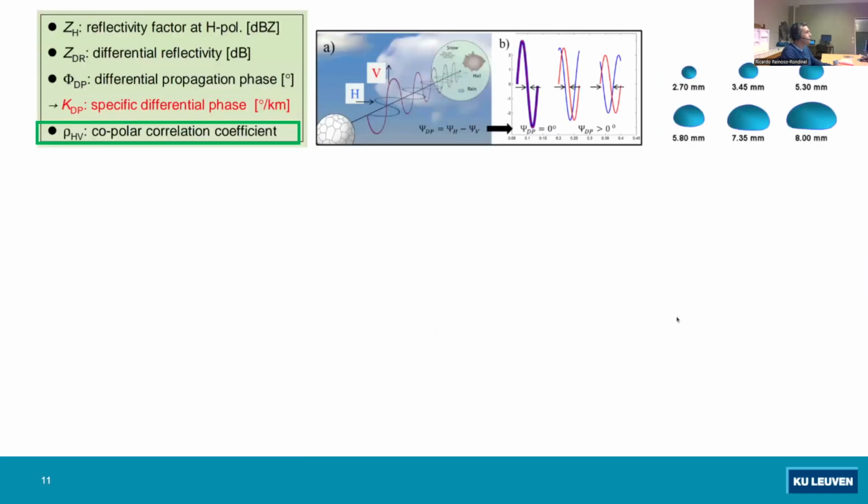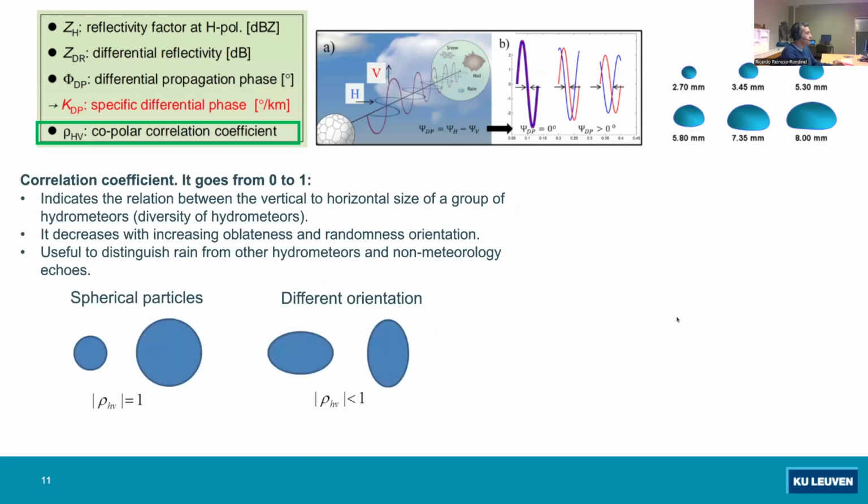The fourth polarimetric variable is the copolar correlation coefficient. The correlation coefficient is a correlation number, so it goes from 0 to 1. Let's see an example. What it means is that it indicates the relation between the horizontal and the vertical size of a group of hydrometeors, so of a group of particles in this resolution volume.